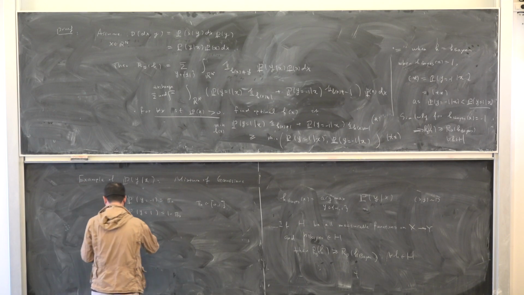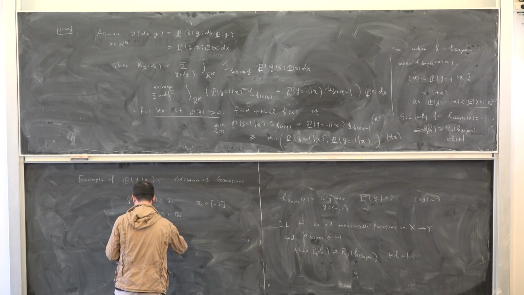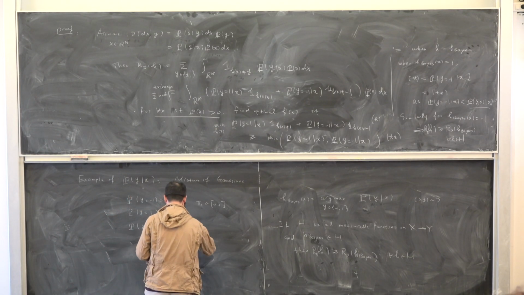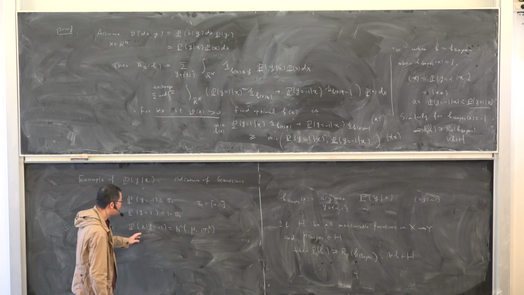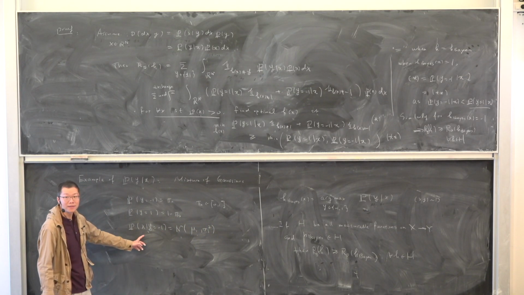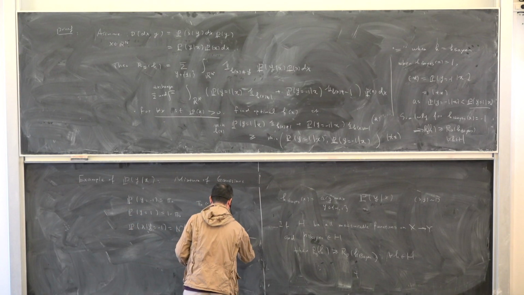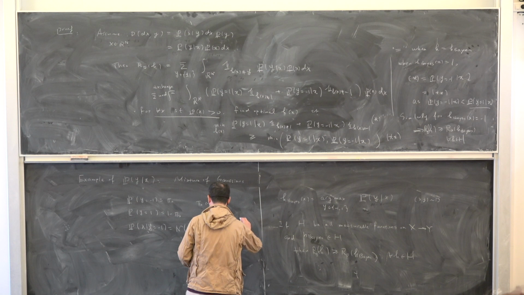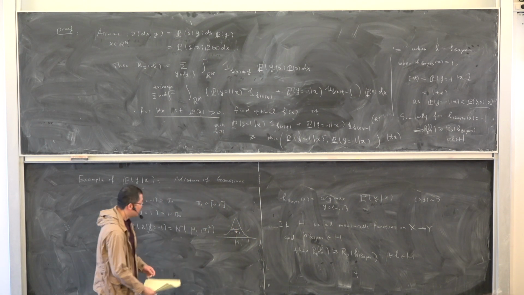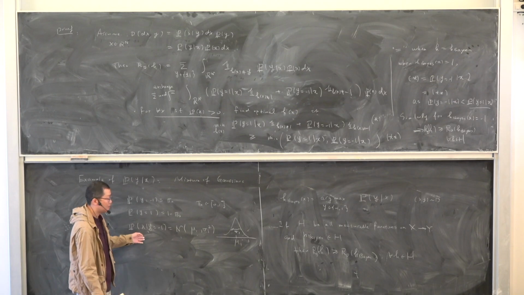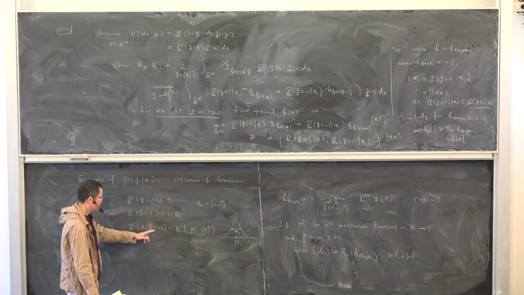And p of x conditioned on y gives you some idea about x: the distribution of x centered around mu1 and with some variance sigma 1. So this gives you some idea about this category.